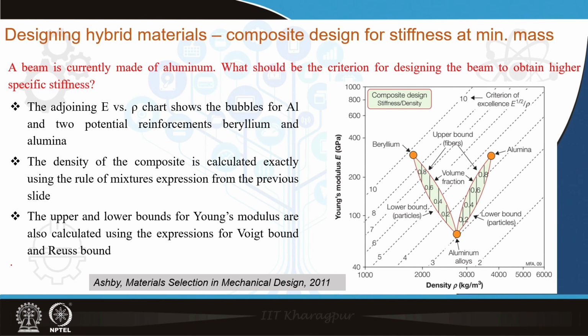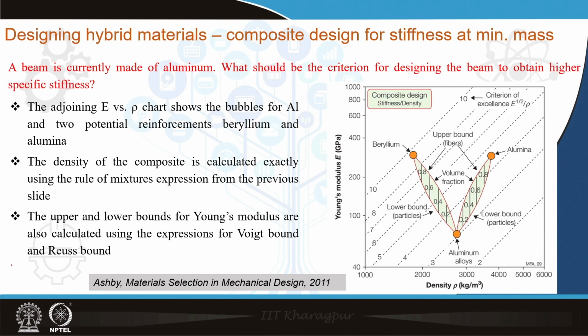Theoretically we can combine any two materials to fabricate a composite material, and that is why in this particular diagram we take two different composite options. First, we fabricate a composite between aluminum and aluminum oxide, that is alumina, and another composite between aluminum and beryllium. You can see there is also one orange circle for alumina on the right hand side and one circle for beryllium on the left hand side. Now, these circles are not arbitrarily chosen.